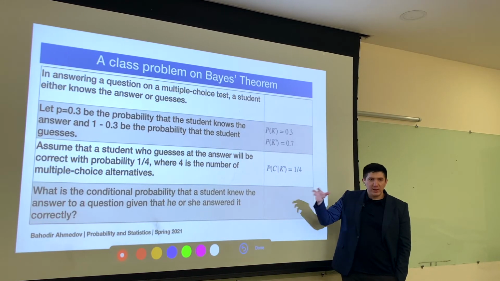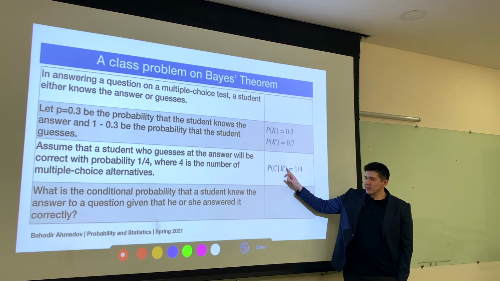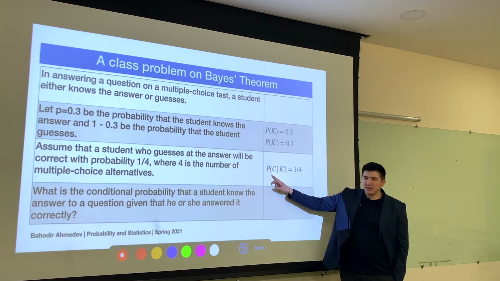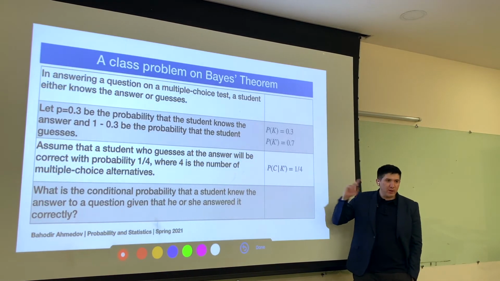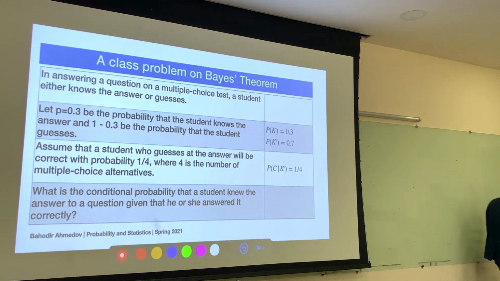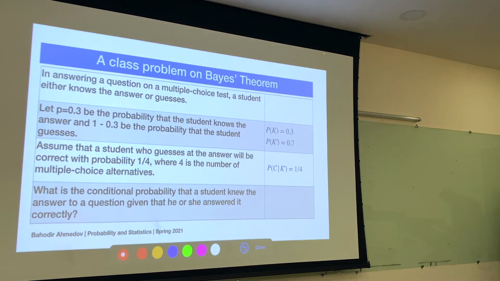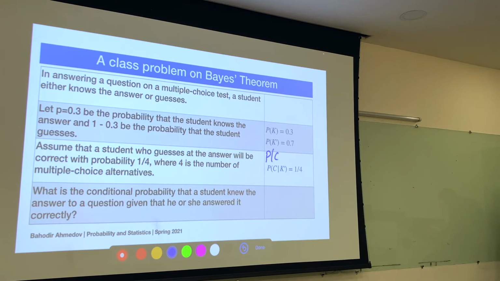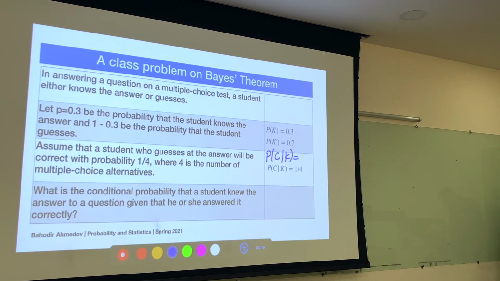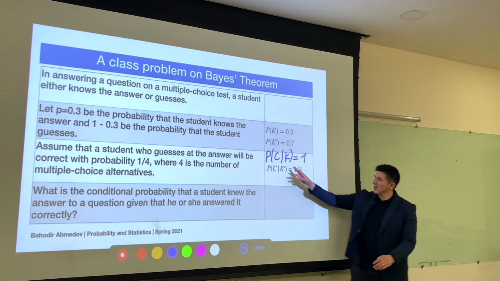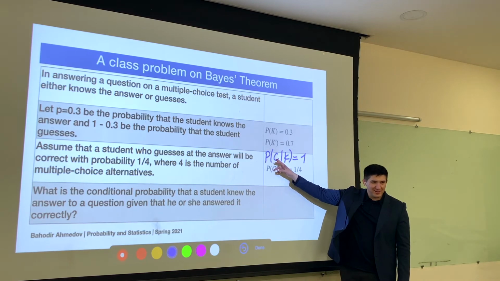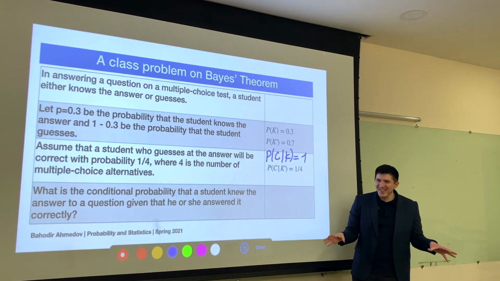So it is fixed that he guesses the answer, and the probability that he's going to answer correctly is 1/4, right? At the same time, what is the probability of C if he knows? It's 1. If he knows the answer, he's going to answer correctly for sure. We already fixed this, okay?